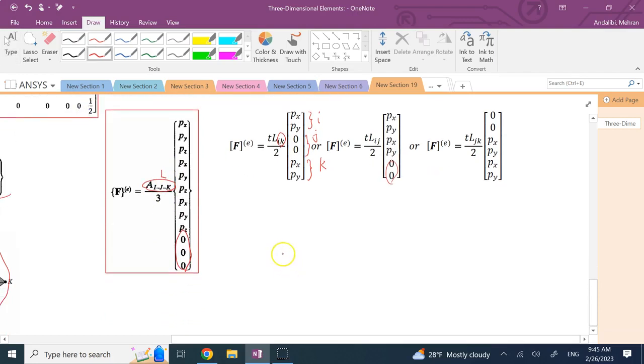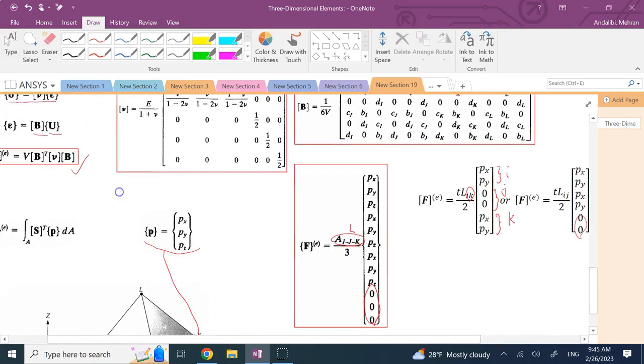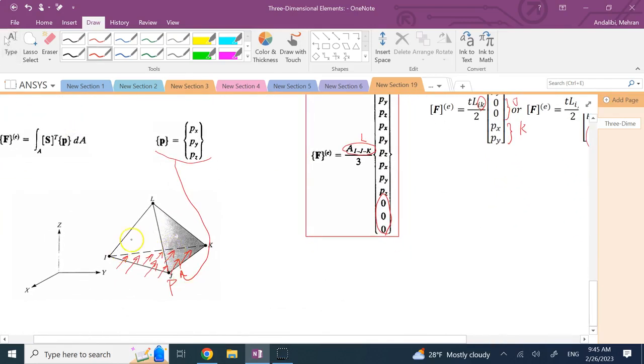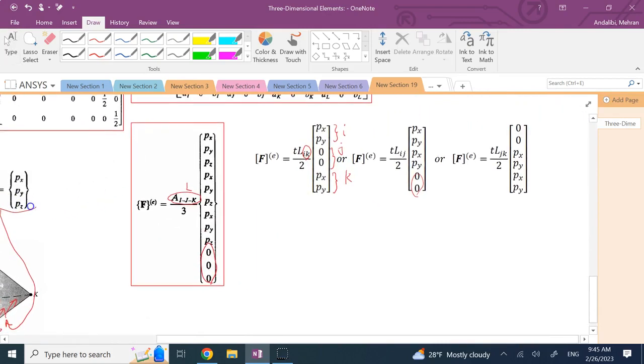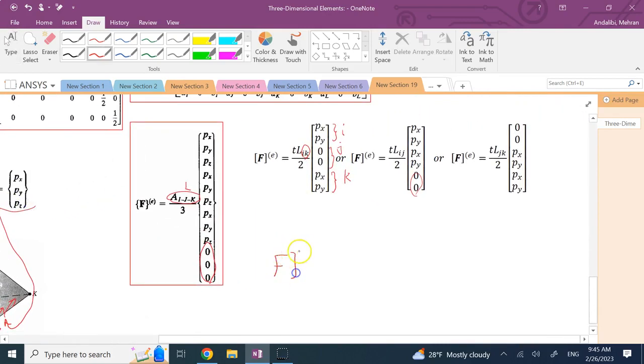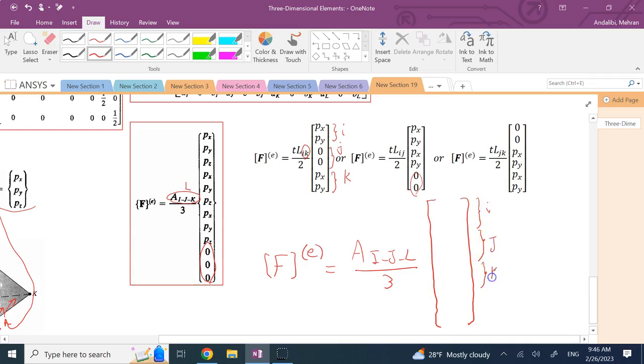So for instance, if it was applied on another surface, let's say here on IJL, what would you do? What is your formula here? It's going to be the area of IJL divided by 3. And then here you have this 12 by 1, where the first 3 are I, the second 3 are J, the next 3 are K, and the last 3 are L. Therefore, which one should go to 0?